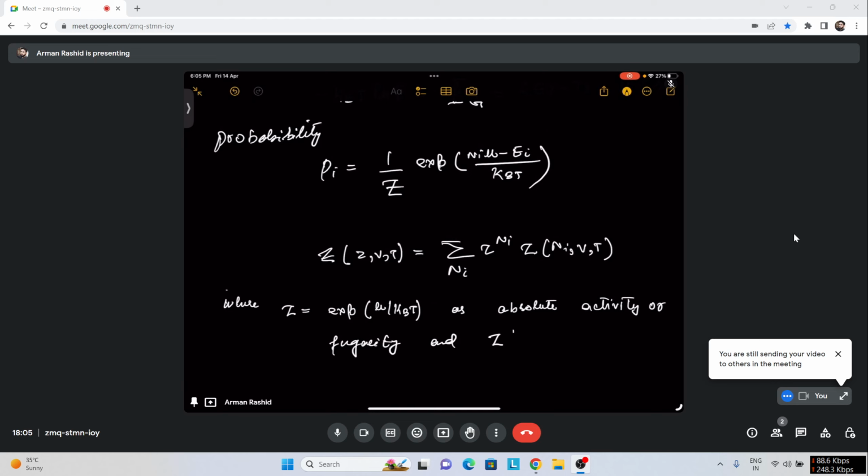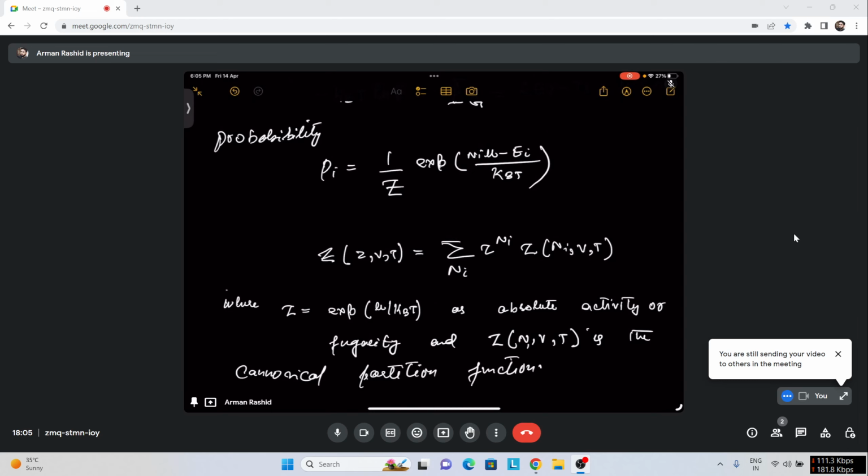And Z(N, V, T) is the canonical partition function.